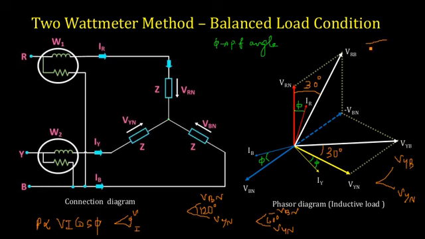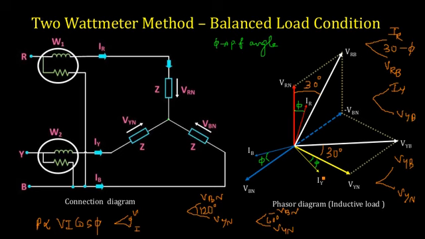So what will be the angle between IR and VRB? Already this is 30, this is phi. So the angle will be 30 minus phi. Now you need to find out another angle, that is the angle between IY and VYB.